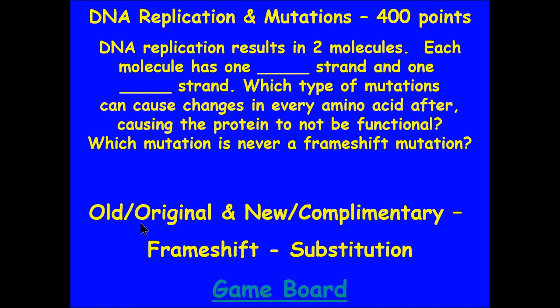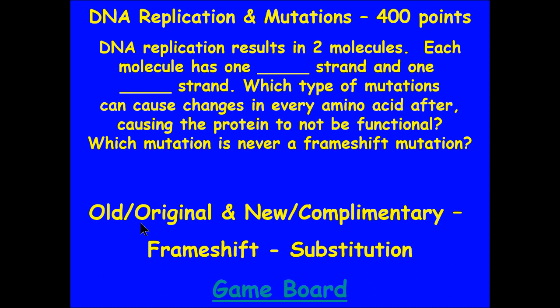Frame shift mutations are either an insertion or a deletion mutation. What happens is that shifts the reading frame, because remember, each amino acid is coded for by 3 nucleotides, and that means that every single amino acid after that spot could be out of sequence, and that could make the protein non-functional.